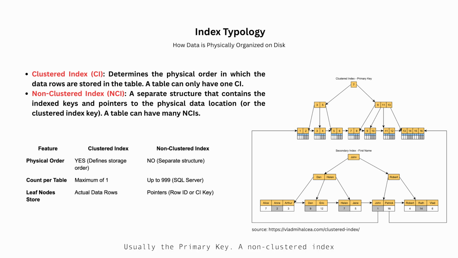A non-clustered index is a separate secondary structure. Its leaf nodes contain the indexed value and a locator, either the physical row ID or the clustered index key pointing back to the main table. This separation is why non-clustered indexes incur a lookup cost to retrieve full row data.